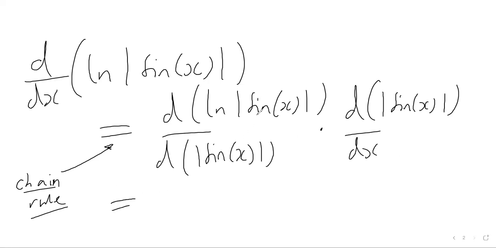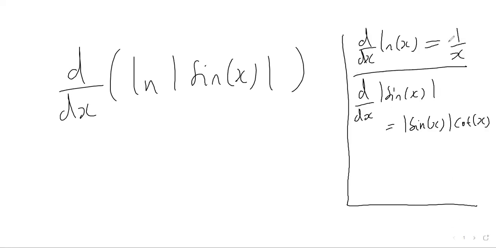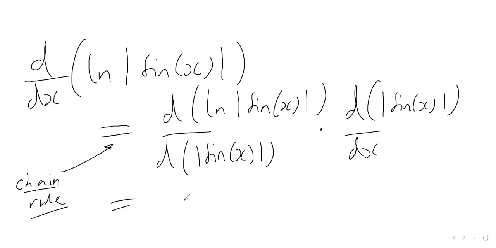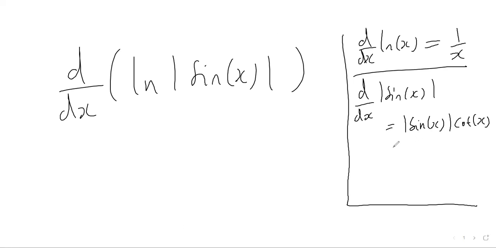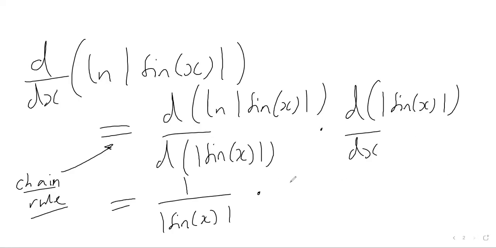Okay, great. So now if we do this first derivative, we know that differentiating the natural log of a variable with respect to such variable gives us 1 over the variable. So this is just going to give us 1 over the modulus of sine of x. And then when we differentiate this modulus of sine of x with respect to x, we know from the previous video what we got, so we should get the modulus of sine of x multiplied by the cotangent function, cot of x.